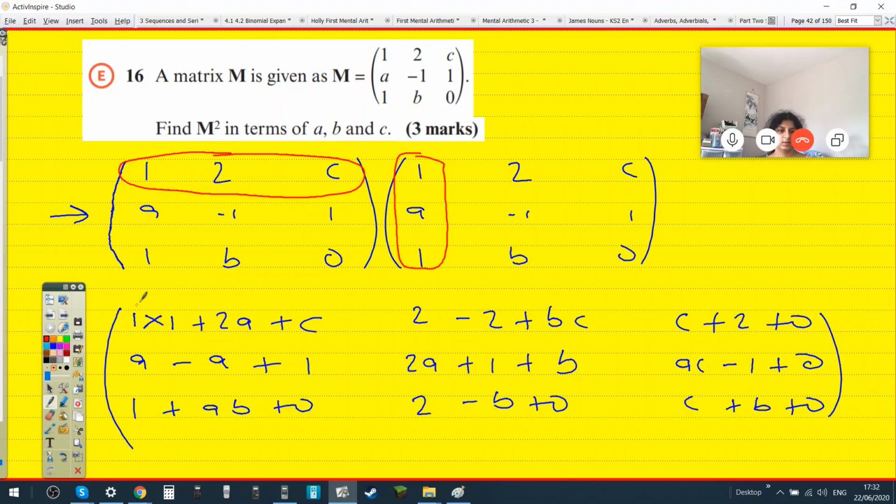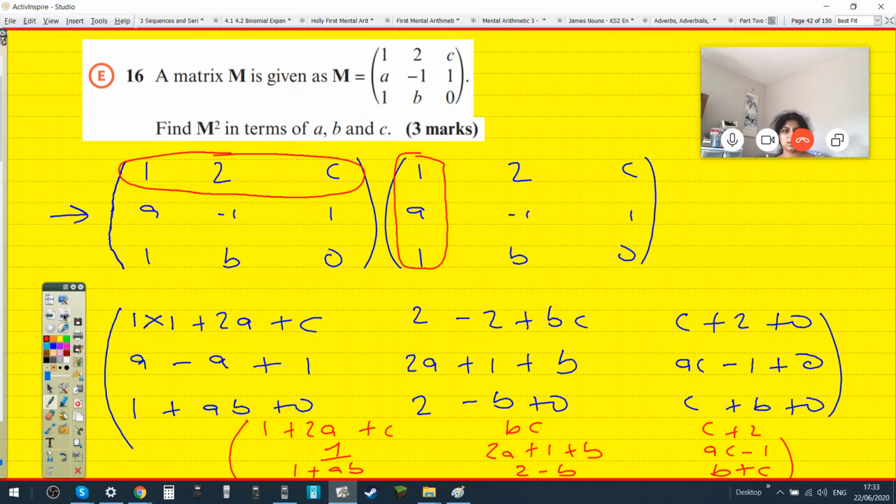And simplify. That's just 1 plus 2A plus C. Can't really simplify it. And then 1, 1 plus AB, BC, 2A plus 1 plus B, 2 minus B, C plus 2, AC minus 1, C plus B. That's all you have to do, right?